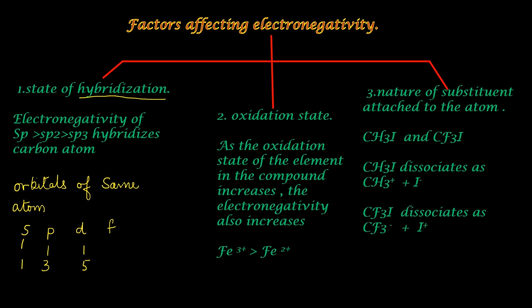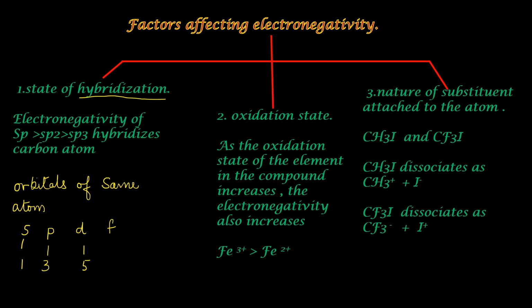If s orbital mixes with one of the p orbitals, then that hybridization is called sp hybridization. That will give rise to two molecular orbitals. If the s orbital mixes with two of the p orbitals, it is sp2 hybridization. That will give rise to three molecular orbitals of the same energy level and shape. If the s orbital mixes with all the three p orbitals, then it is sp3 hybridization, and that gives rise to four molecular orbitals of the same shape and energy.